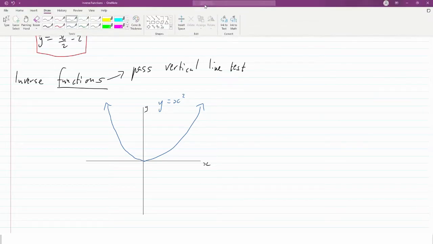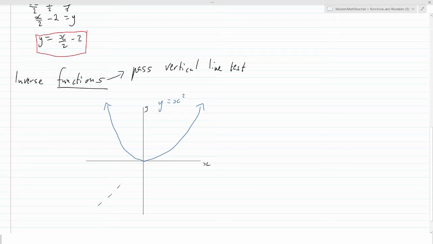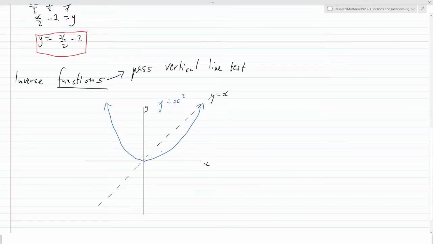If we took the inverse of this, so if we went across the y equals x line, and we found the inverse, if we reflect every single point, so this point goes over here, so it'll end up looking like this. Of course, it will meet at the same point there. Well, what about this guy? What about the left-hand side? Well, it also reflects over, and it actually takes the form of a sideways parabola.